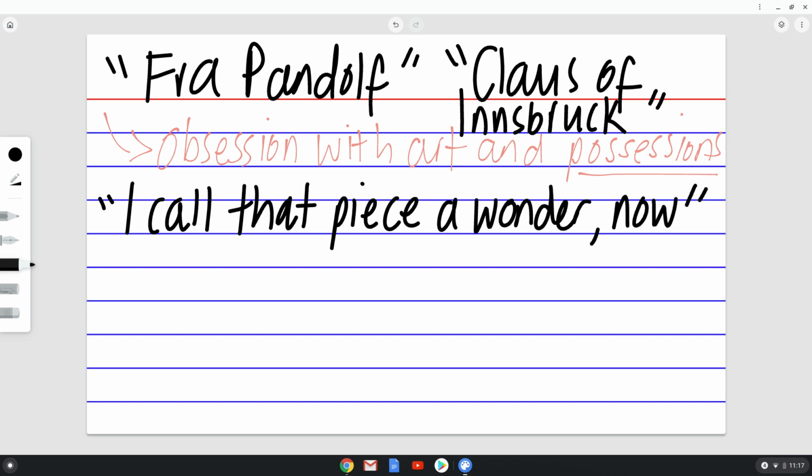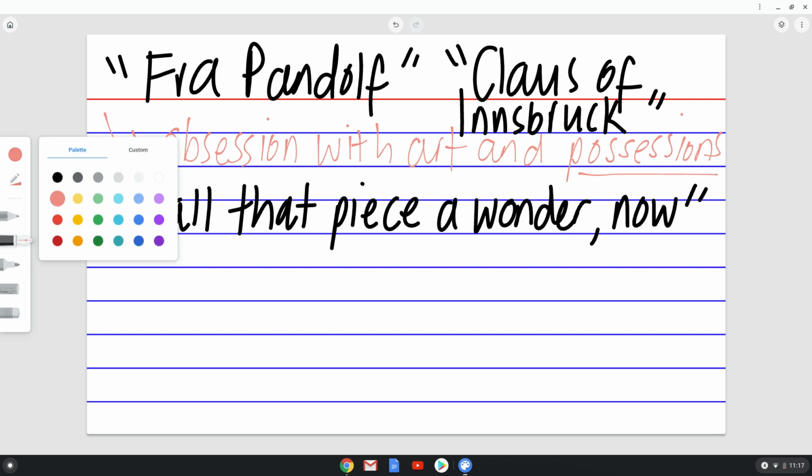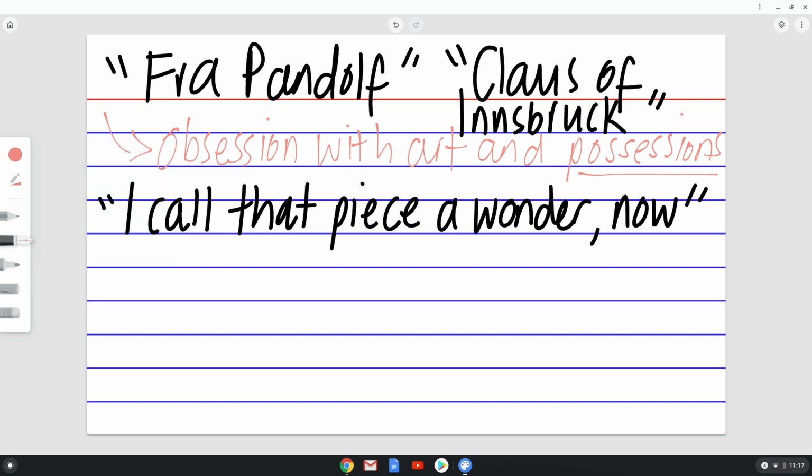Because I also know that there's quite a bit that I can say about that. So from that point of view, it's the reference to that piece and seeing the Duchess as an object.